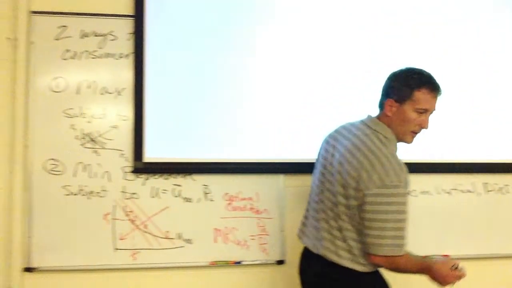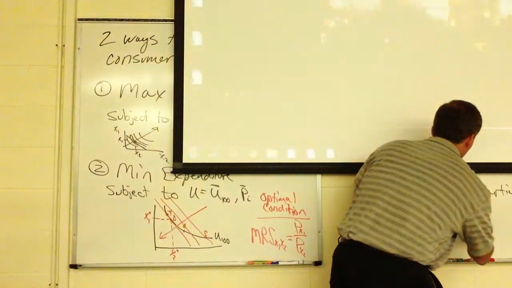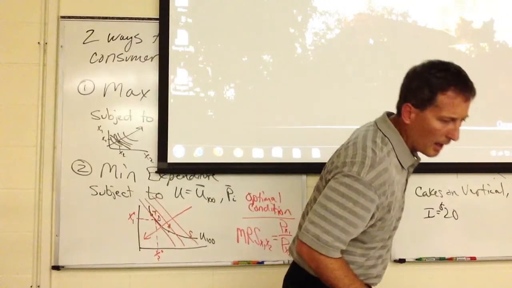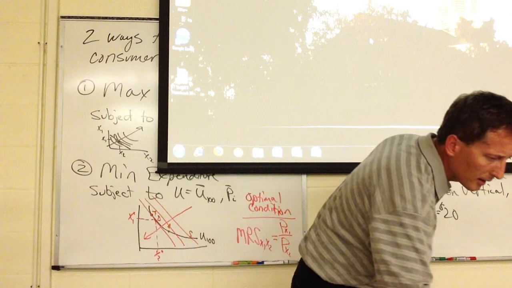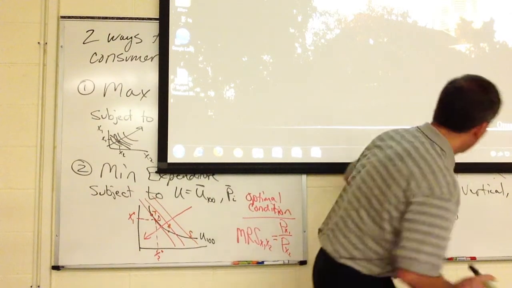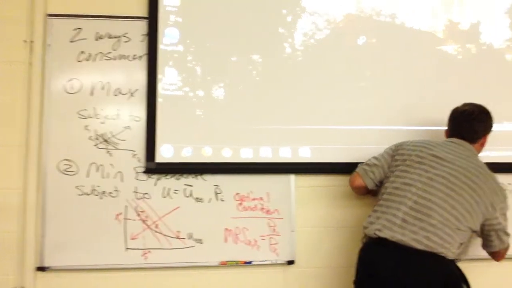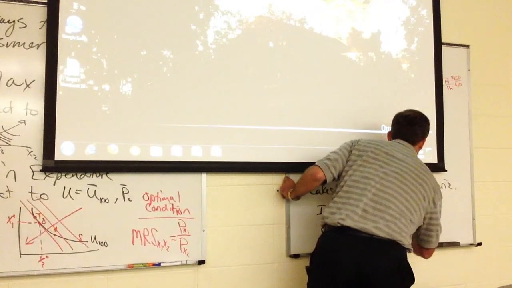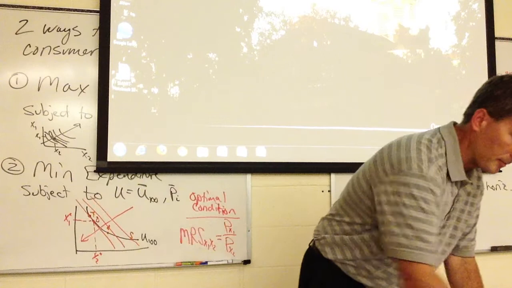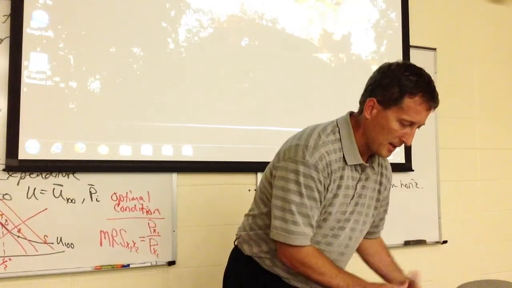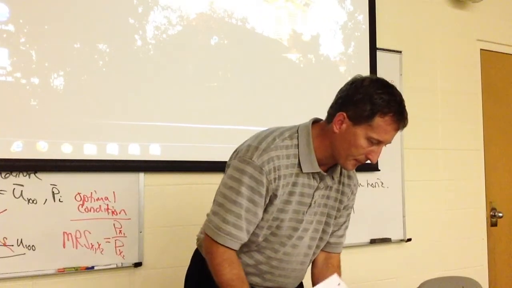And Pablo has an income of 20. The price of cakes is $1 and the price of pies is $1. So graph that budget line out and I will be right back.